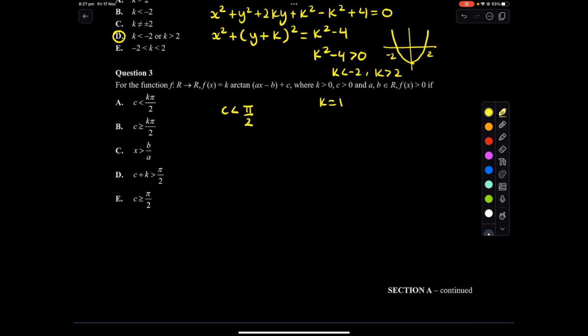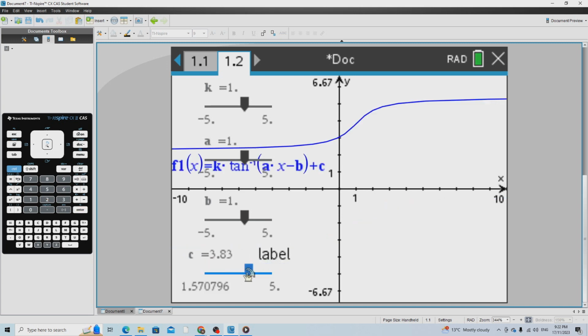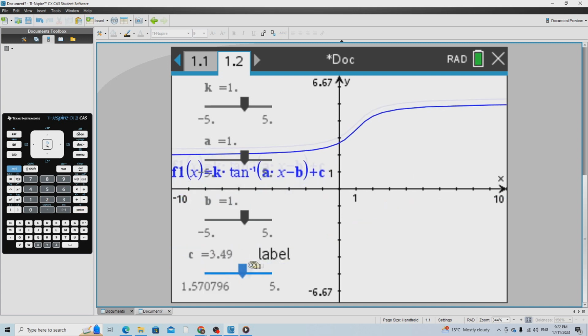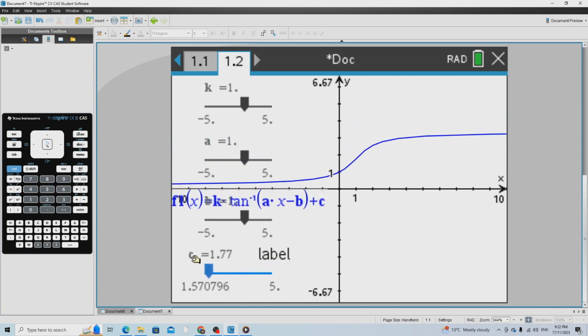Let's try to look at this. The next case states that c must be greater or equal to, because we took k as 1, pi over 2. Let's try to do that. To check that, let's say this here is pi over 2. So when c is greater or equal to pi over 2, what are we getting?